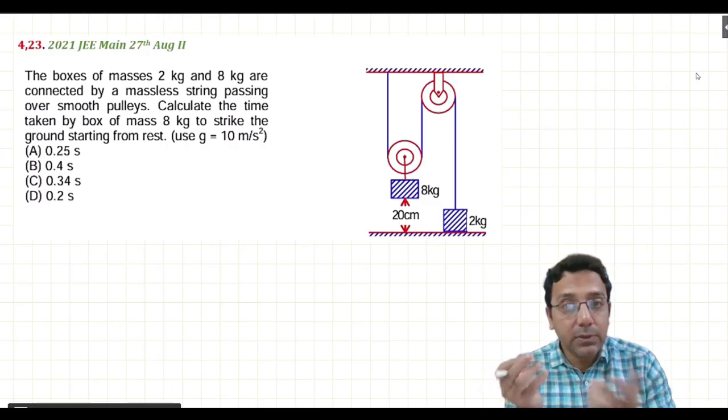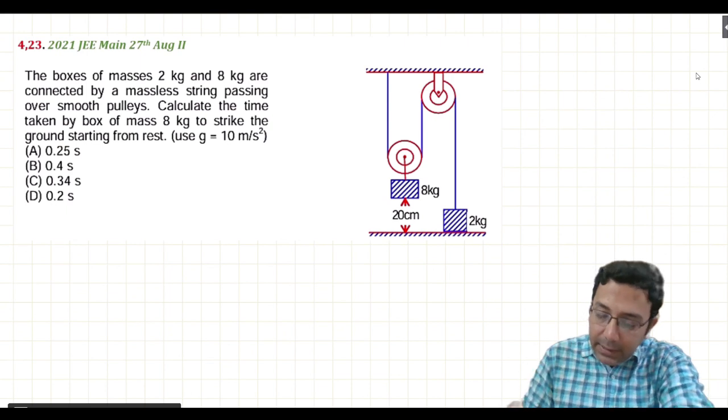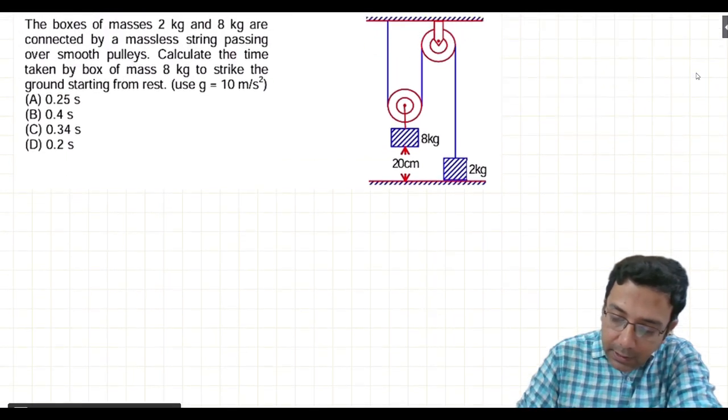Okay, kinematics also is required here. Kinematics is later, but first we have to find out at what acceleration the 8 kg mass is actually coming down.